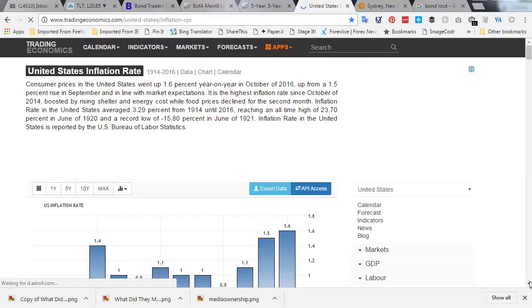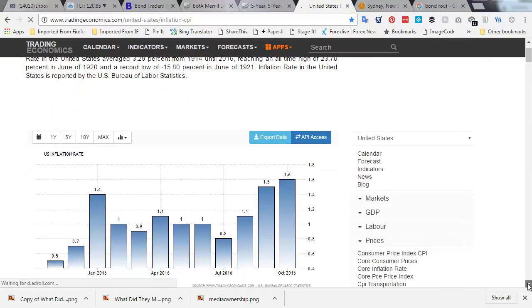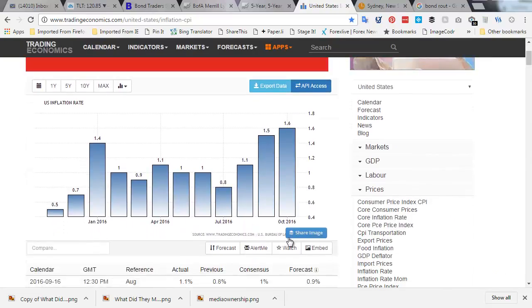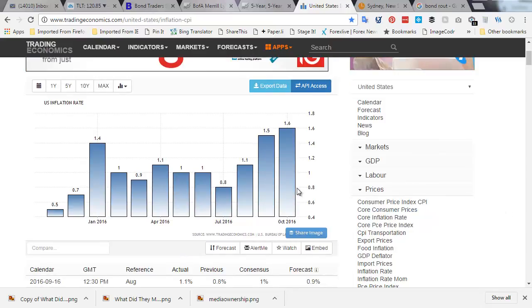And this website very neatly pulls up the US inflation rate. Not really sure what definition of inflation they've used, but it's not really important. So what we can see, so this is year to date, we can see that it's gone from 0.5 to 1.6. So totally clear that inflation has been rising. And in fact, we had a spike here in January.